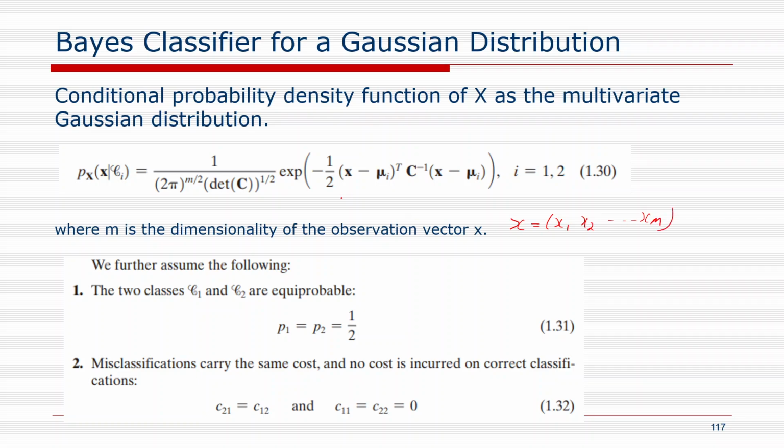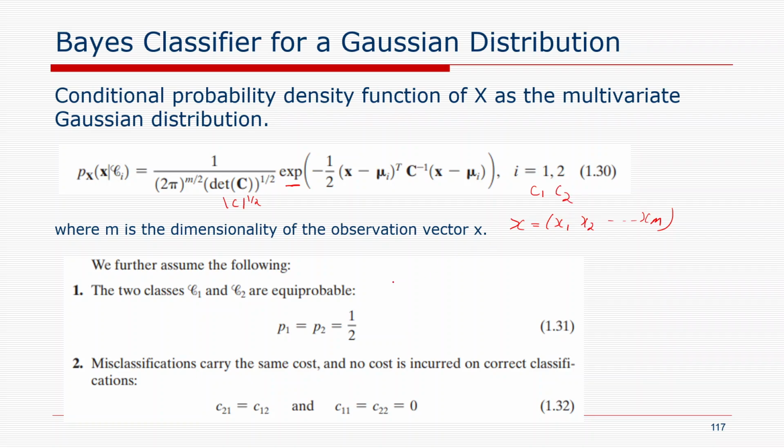Then the probability density function will be given by 1 divided by (2 pi) to the power m by 2, because it is m-dimensional, and next the determinant of the covariance matrix to the power of 1 by 2, and the exponent of minus 1 by 2 (x minus mu i) transpose C inverse (x minus mu i). Here i is going to take the value 1 and 2 because we have considered the C1 and C2 classes.